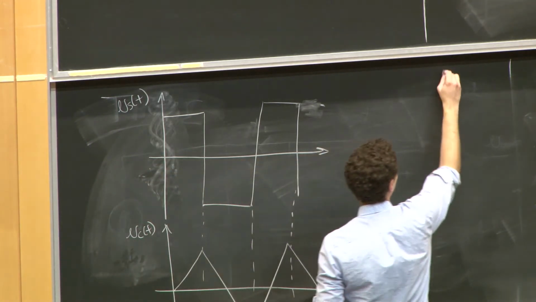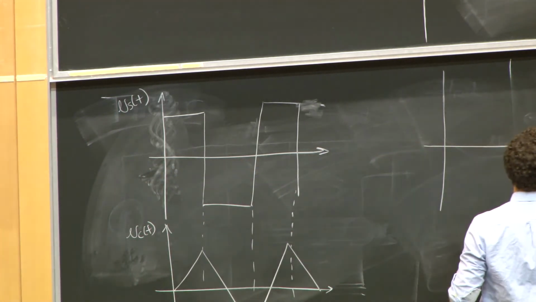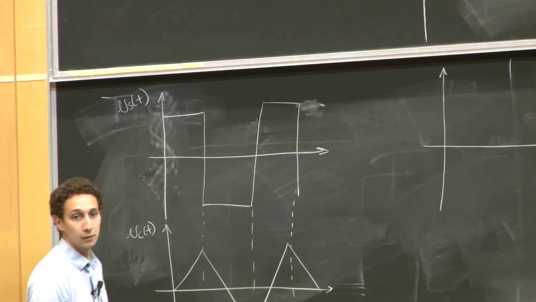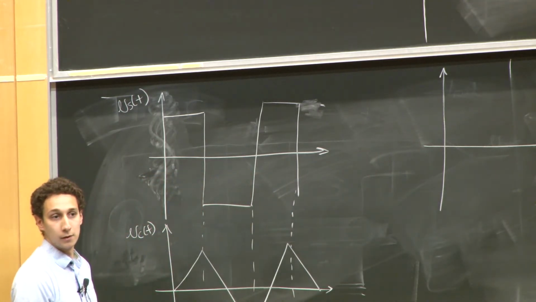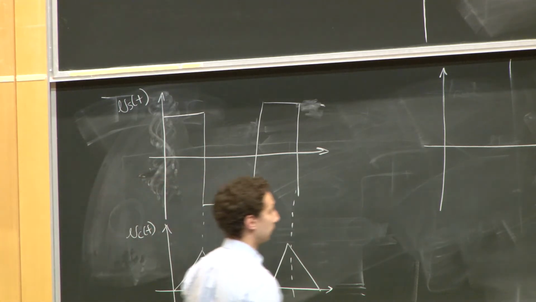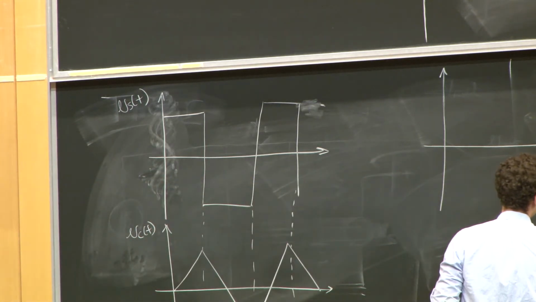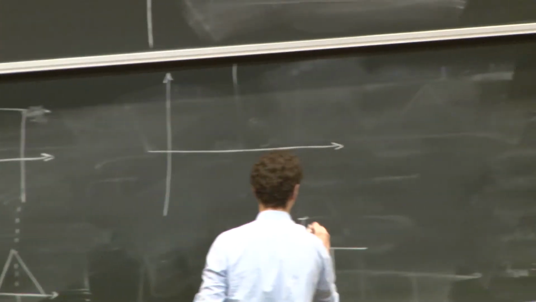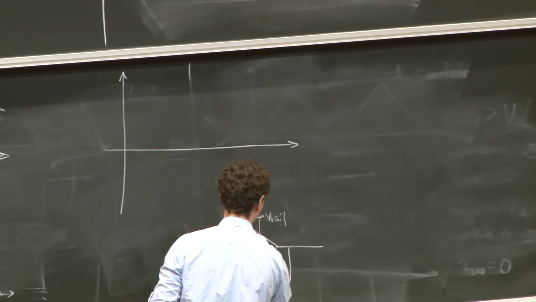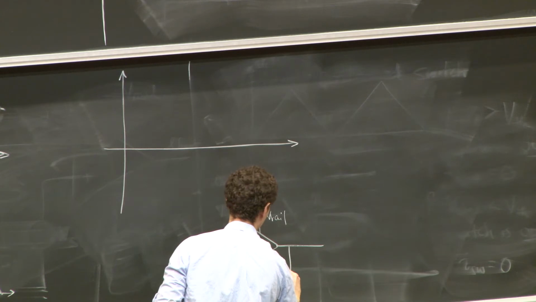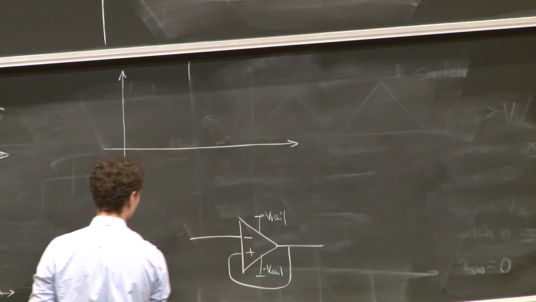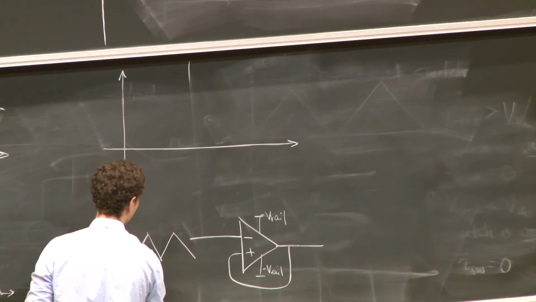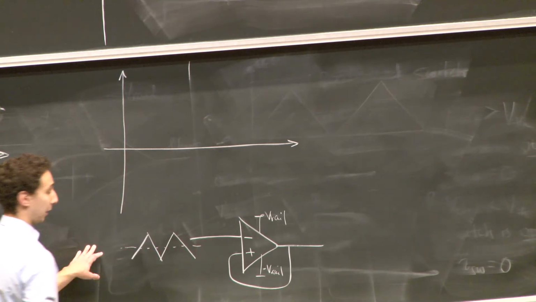What is the voltage at the output of my comparator going to look like? Again, basically what we have is VRail, minus VRail. And here we have a triangle wave centered about 0.